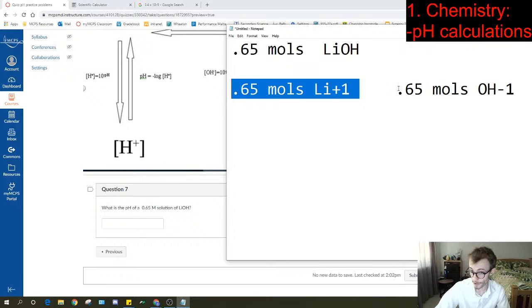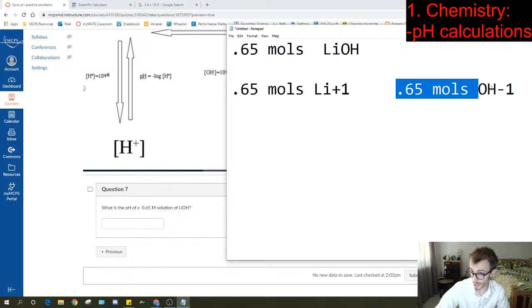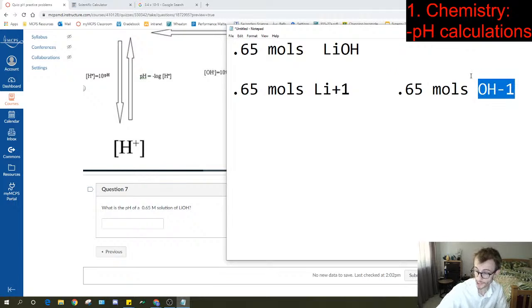Useless. However, this over here, this hydroxide, is going to affect the pH, in this case by making it more basic, because hydroxide, OH minus, is a base. I'm trying to explain this as slowly and clearly as possible. So, if you have questions from what I'm saying, let me know.